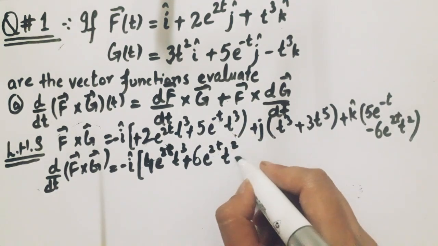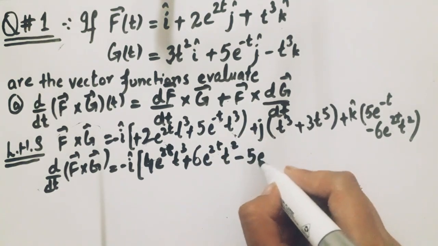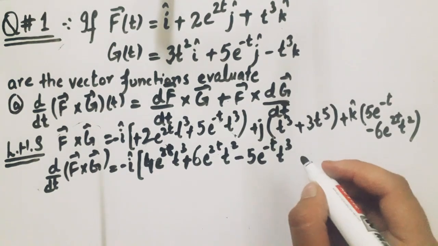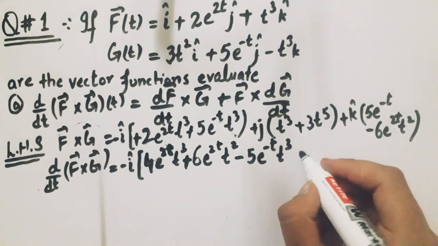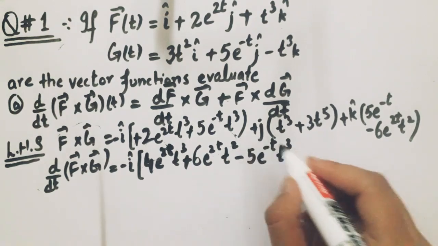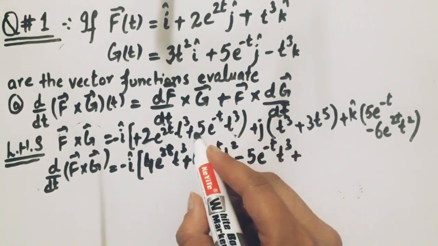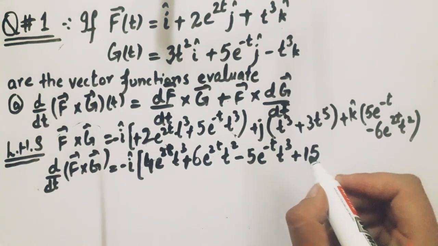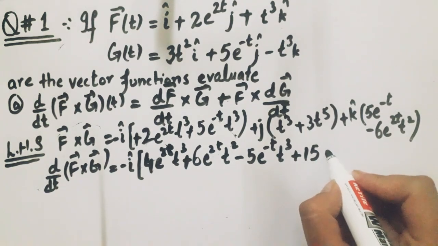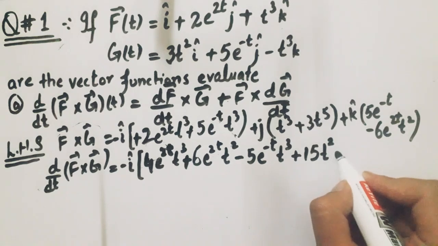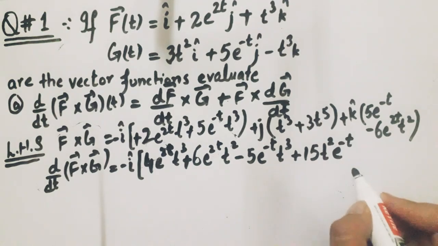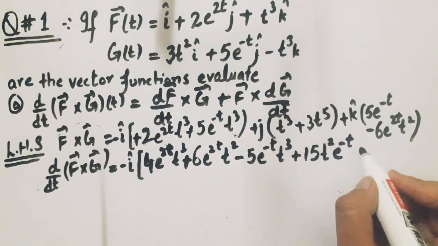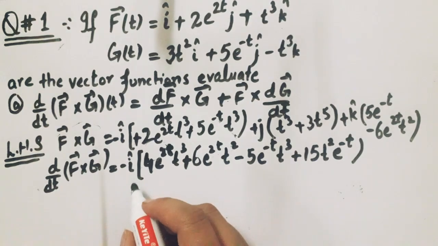Then minus 5e^(-t) t^3, and plus 5 multiplied by 3, 15 t^2 e^(-t). So this is the answer for the i unit vector.